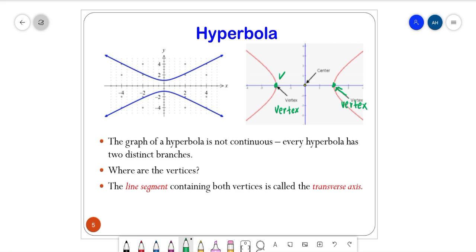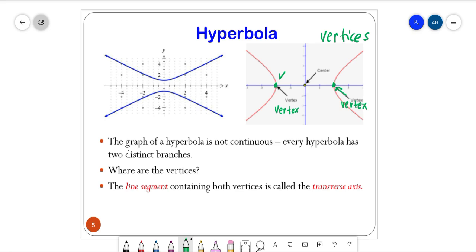Meaning to say, any hyperbola has two vertices. For singular, we call it a vertex. When it's plural, more than one, we call it vertices. So a hyperbola has two vertices. One is on the left and the other one is on the right.